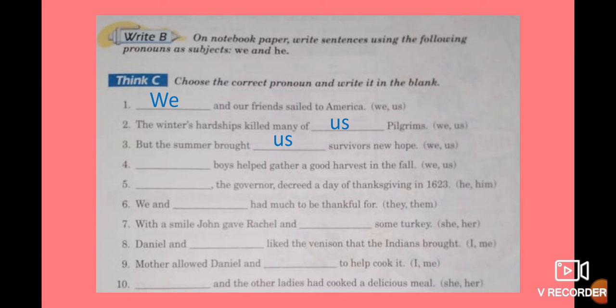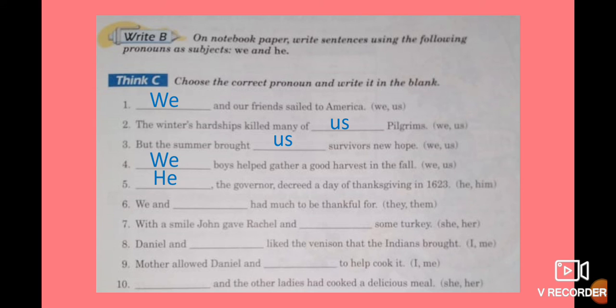Why? Because we have an action verb, and remember, after an action verb we write an objective pronoun. Number 4, we, in that case, this one is a subjective pronoun because it's the subject in the sentence. So the sentence says, we boys help gather a good harvest in the fall.